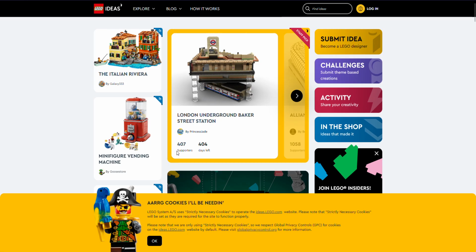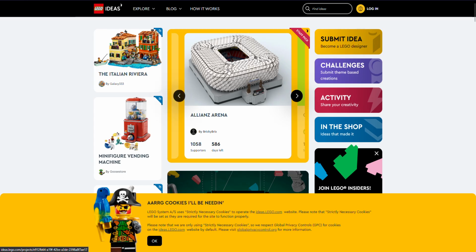So if they like it and if there are supporters, say 404 days left, and 407 supporters, then they will create this package. They already have the Legos, so they will create a package where people can build things like this using the Lego blocks.